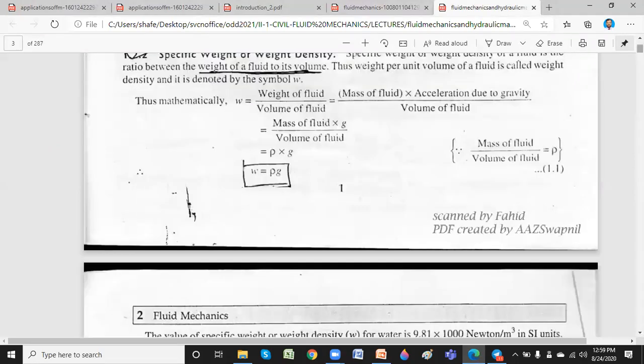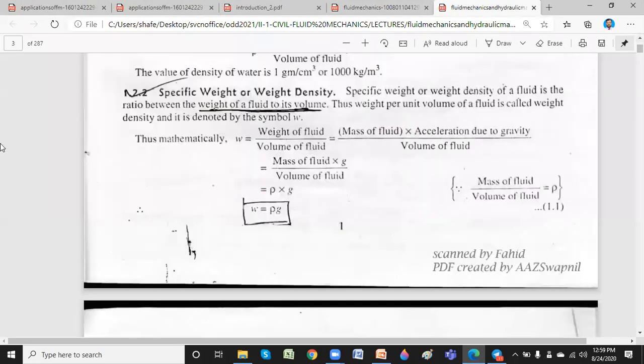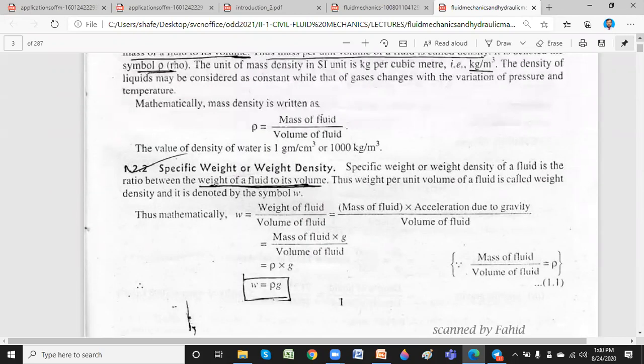The specific weight of a fluid is the ratio of the weight of the fluid to the volume of the fluid. Previously it was the mass of the fluid by the volume of the fluid; now it is the weight of the fluid to the volume.